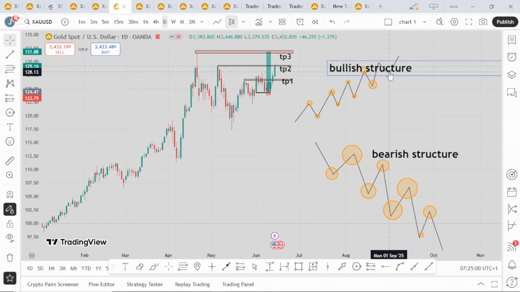Remember I said the first one is a bullish structure, the second one is a bearish structure.